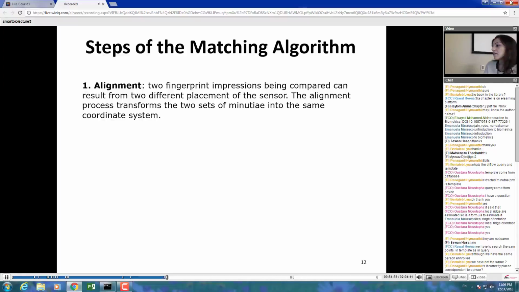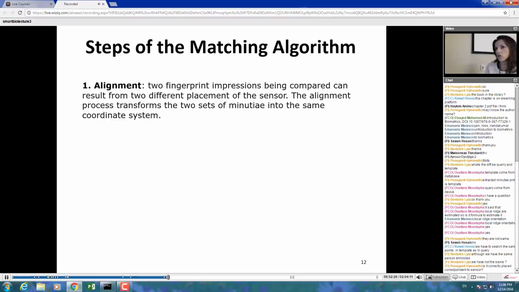So we cannot talk about a correct placement or not. We have differences. We don't place the finger on the sensor in the same way during enrollment and verification. Possibly there will be some differences, even small, in location and orientation of the minutia points we extract from the configuration of the points.